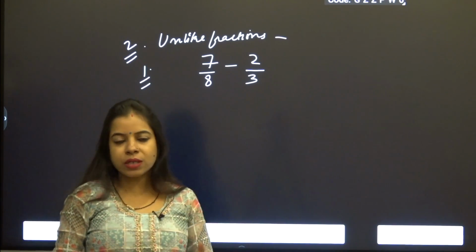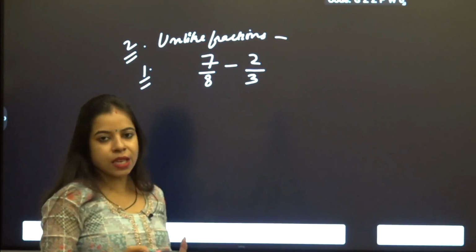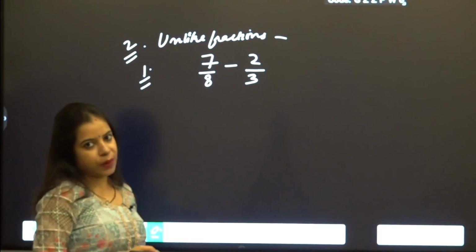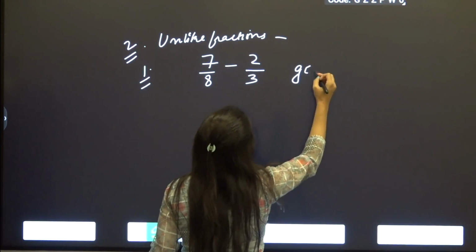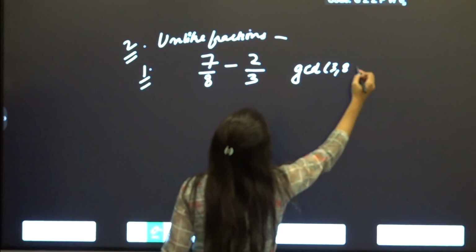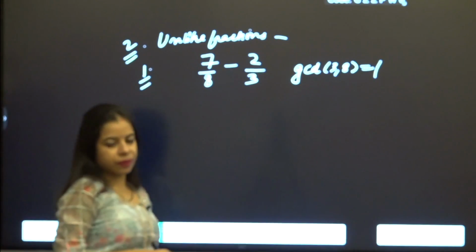Here what is the case? The denominators are different, plus they have no common divisor other than 1. That is, GCD of 3 and 8 is 1.